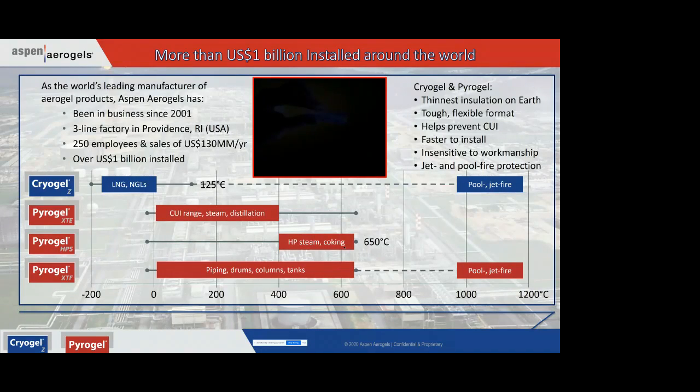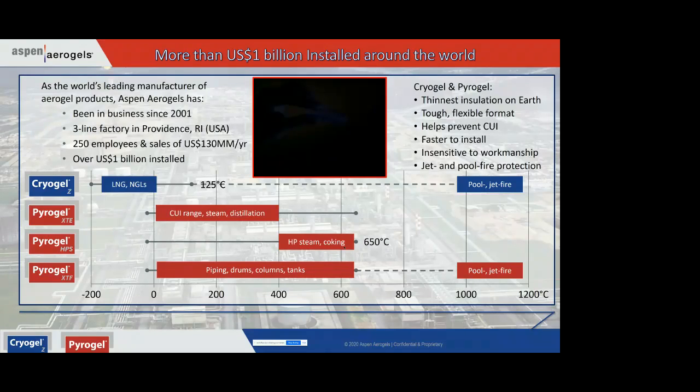So let me quickly dive into our 4 products, where we use our product. And the first one really is Cryogel. Cryogel Z is our cold product, and this really operates for LNG markets, NGL, and so forth. So the key temperature range that you would use this product on is -200 up to 125 degrees C. The key difference between our insulation product and traditional insulation products is our product can give you more than one service.